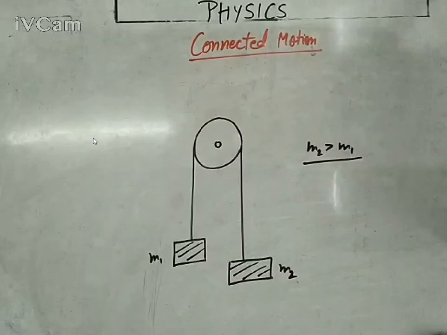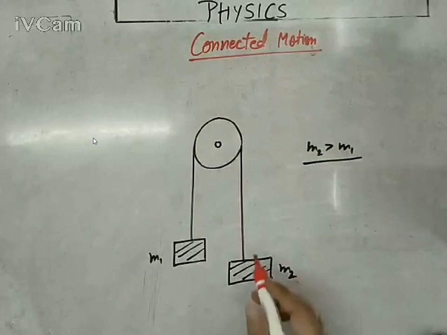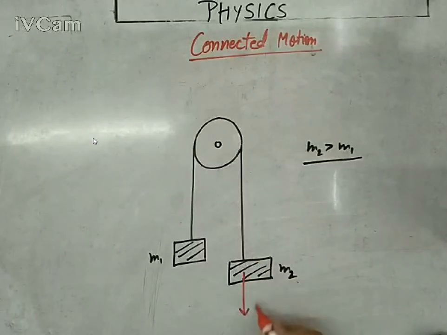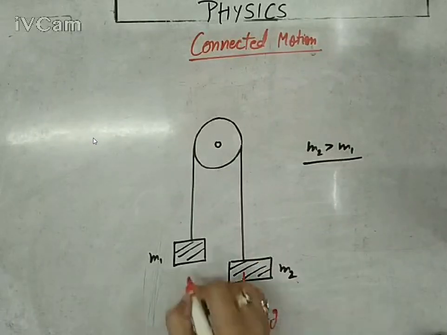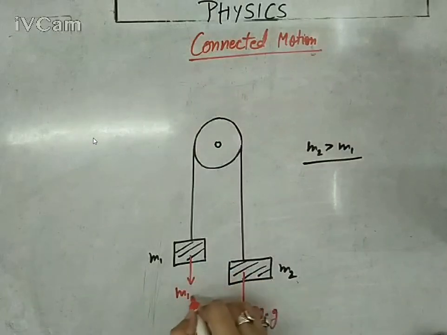Now we know very well that to study a free body diagram, we need to represent all possible forces. So here all possible forces are, still it is a frictionless pulley, so keep this in mind. We are not introducing friction here. The weight of the body acts perfectly downward, m2g, and in the same way m1g.